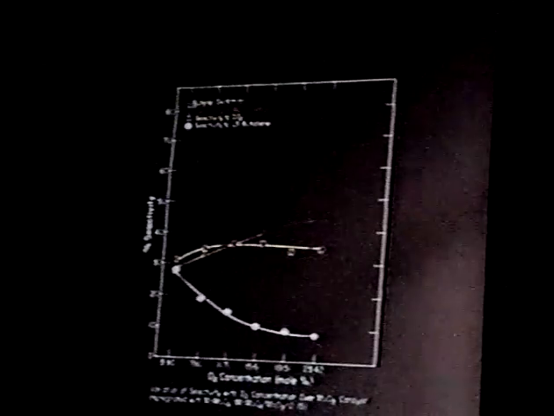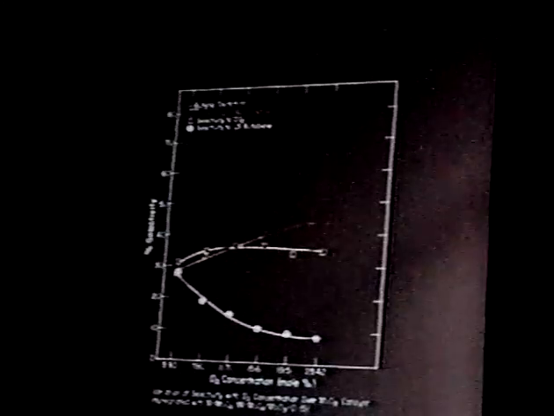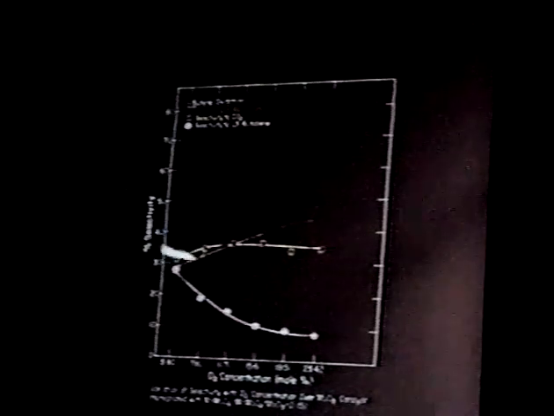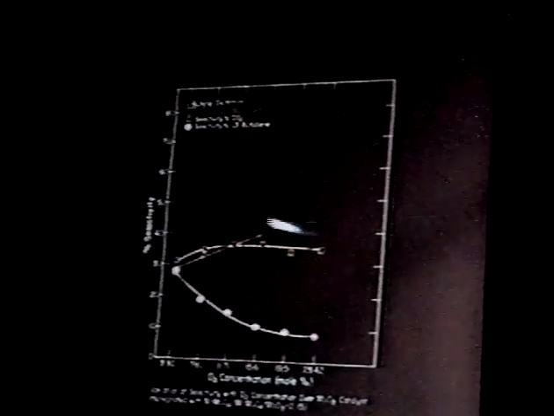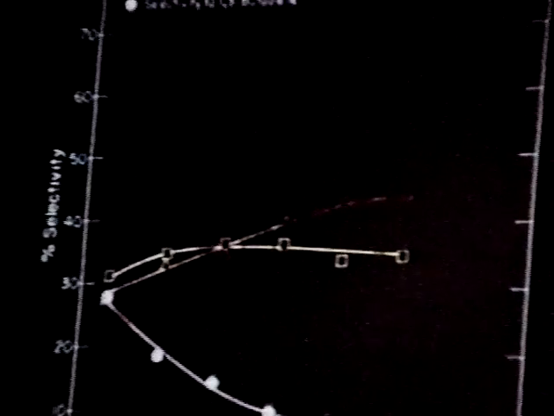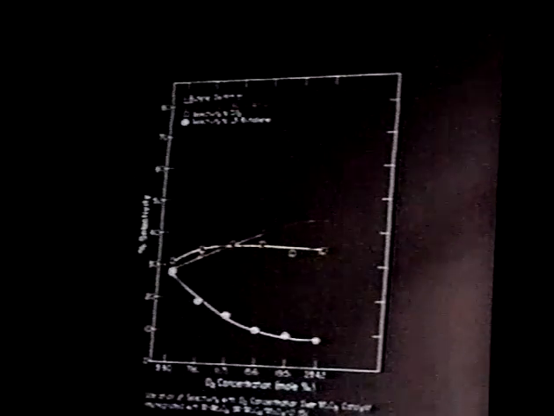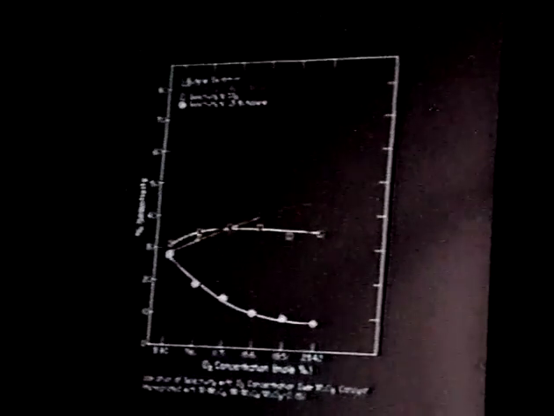Now, the behavior is quite different over the promoted catalyst. First of all, we see that there is some increase in the maleic anhydride formation with increasing oxygen concentration. We see that at the oxygen deficient region, which is oxygen levels below 11%, carbon dioxide is the major reaction product.